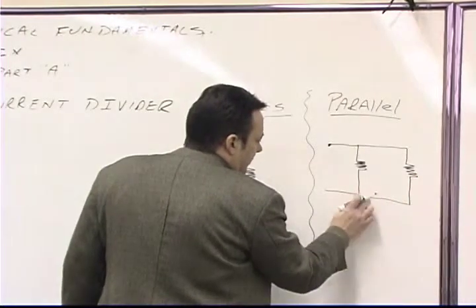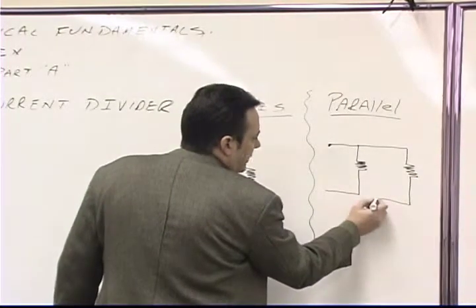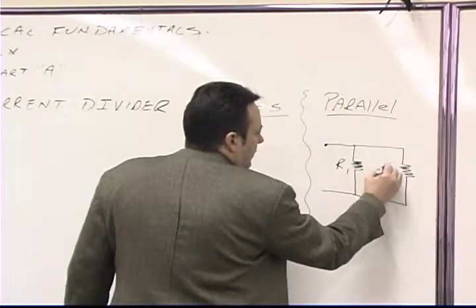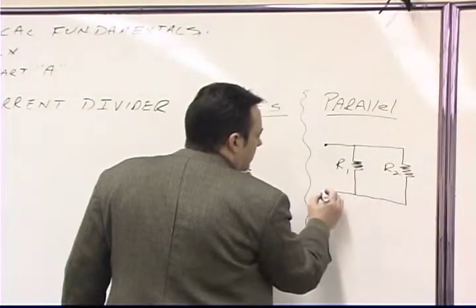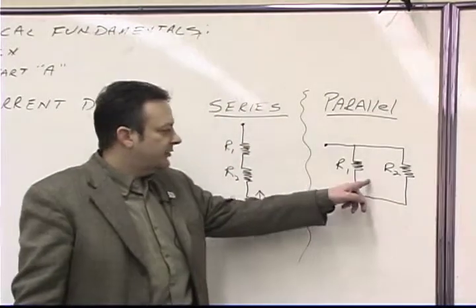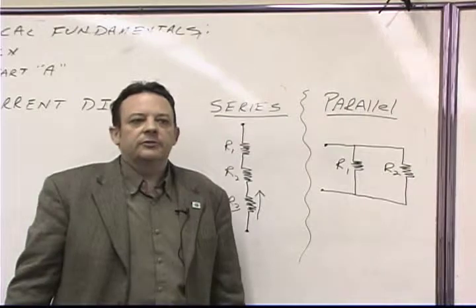So obviously, just looking at the topology of this circuit, if this was resistor 1 and this was resistor 2, it would be obvious that the current wouldn't necessarily be the same in each resistor.